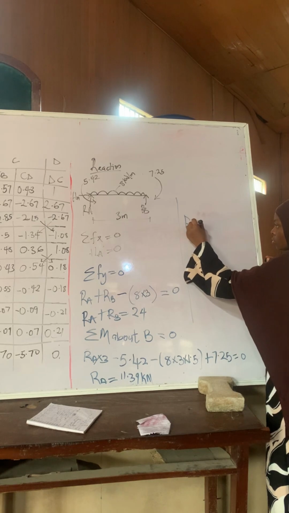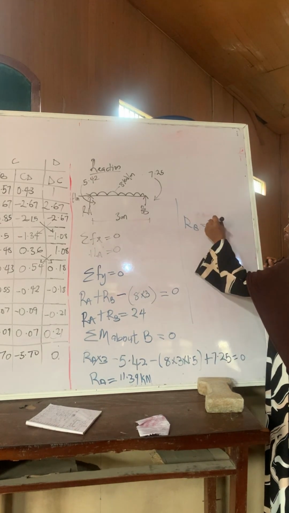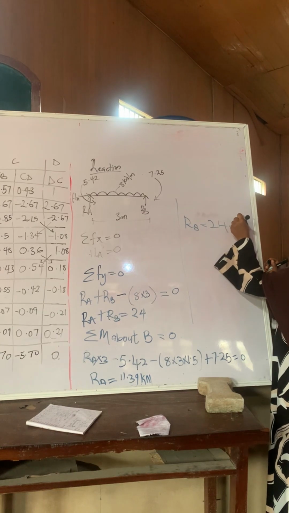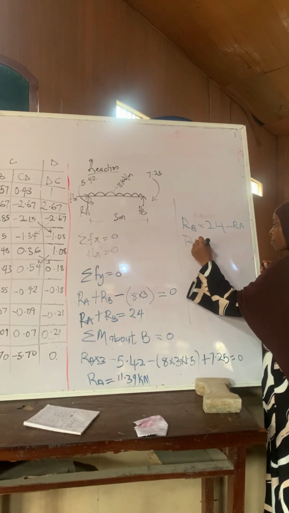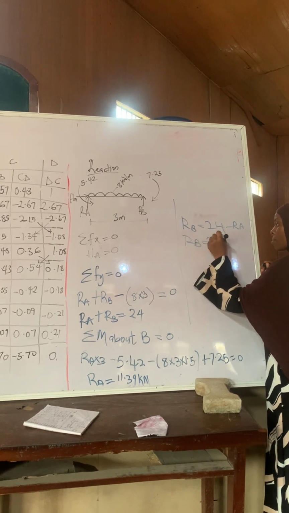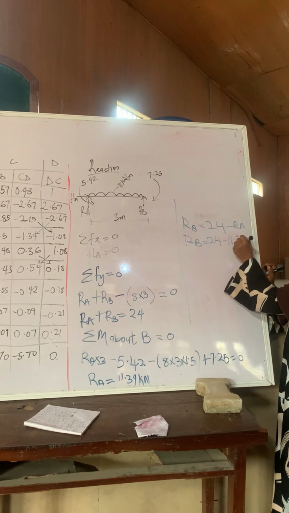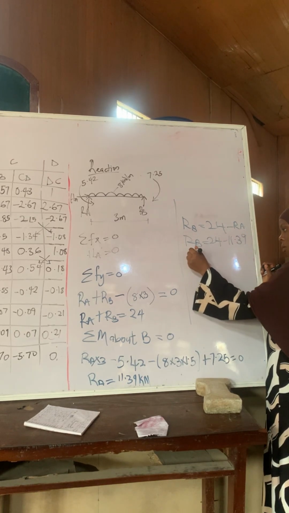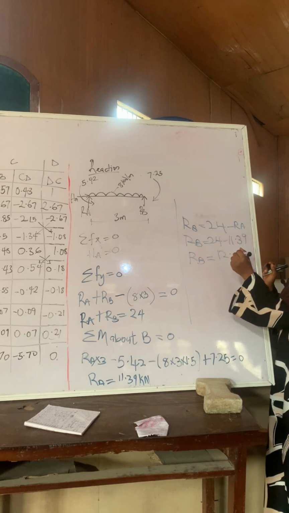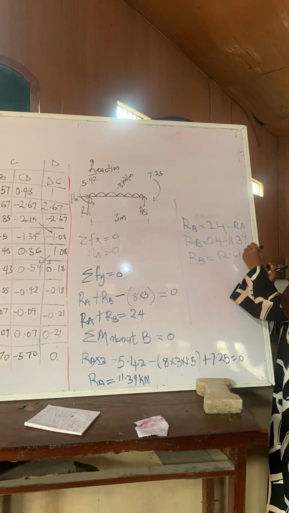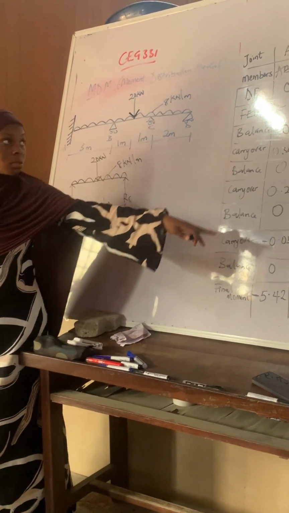Our RB equals 24 minus 11.39. Our RB is 12 point what? Kilonewton. Yeah. We have this thing at BC.